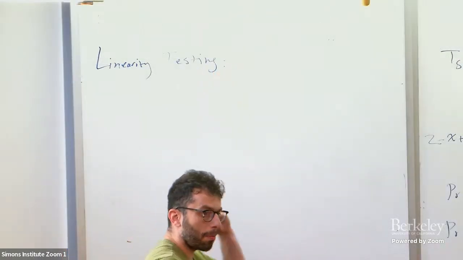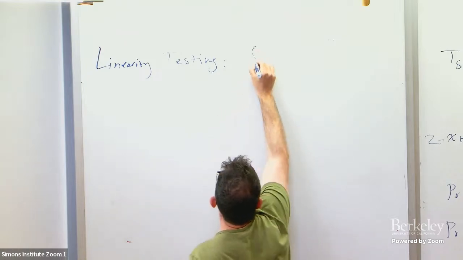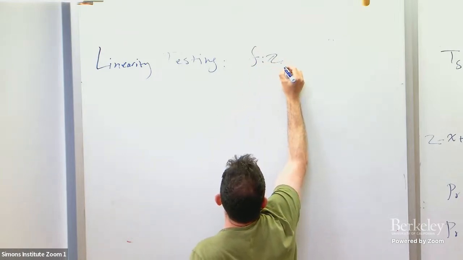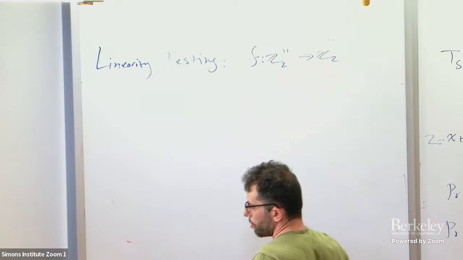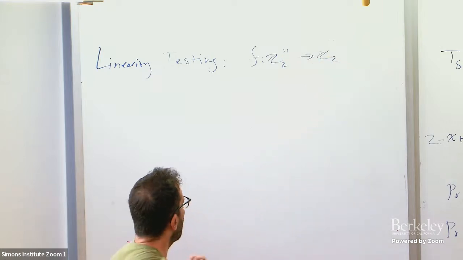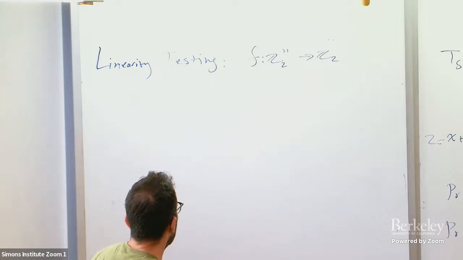This is a problem in property testing, and here's the problem. I'm giving you a function from Z2 to the n to Z2, and I want you to tell me whether this is a linear function or far from being linear.